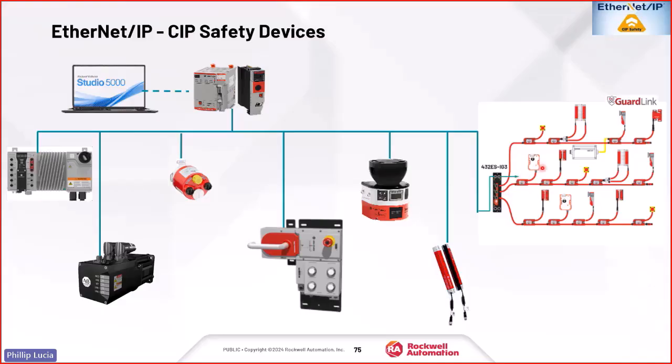And then over here on the right is another safety linking technology we call GuardLink, where we can put simple devices like e-stops, push buttons, guard door switches into this, quote unquote, network, which then bridges into SIP safety EtherNet/IP in this example. So we can conceivably have a system with very little to possibly no hardwired safety and still meet or exceed all the required standards.